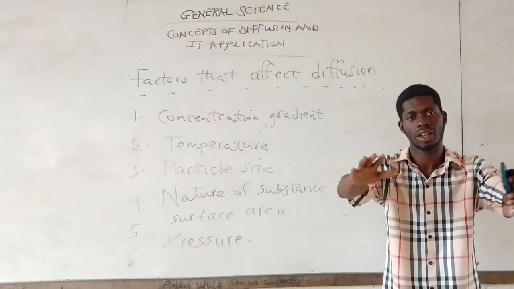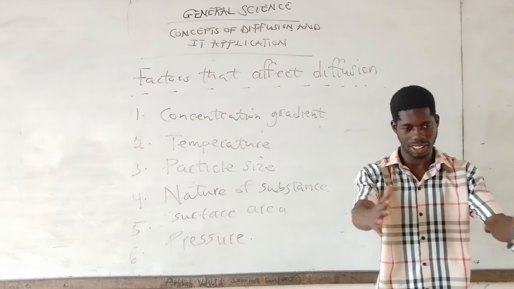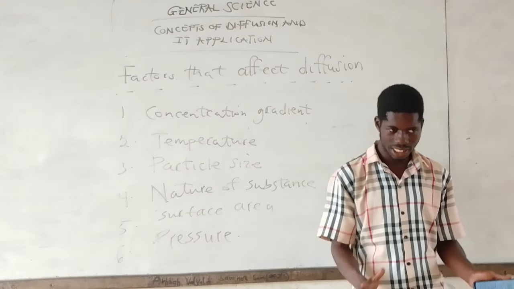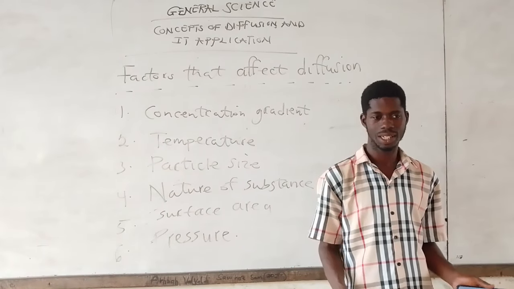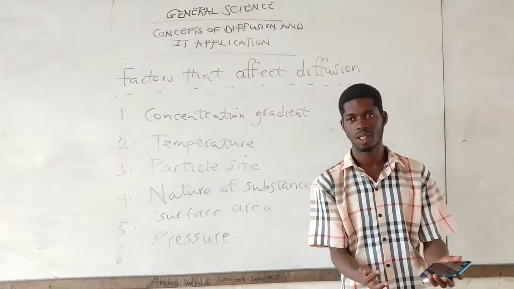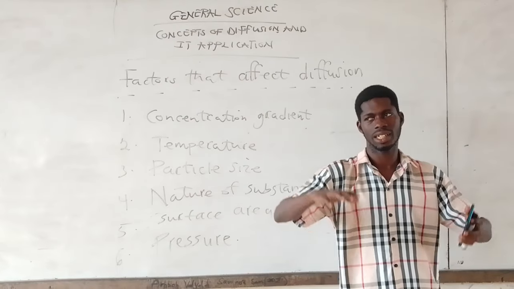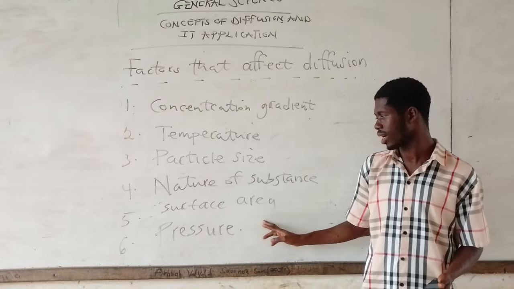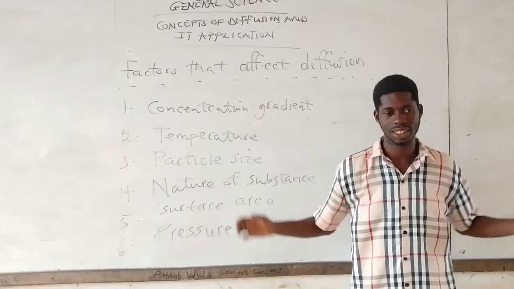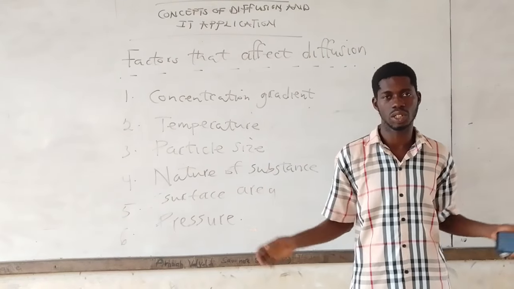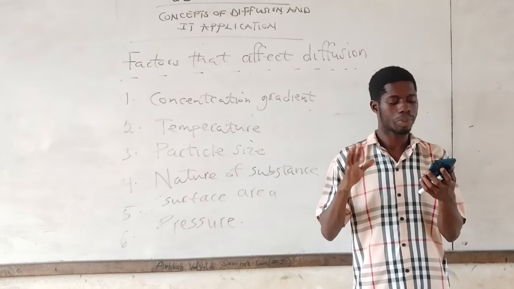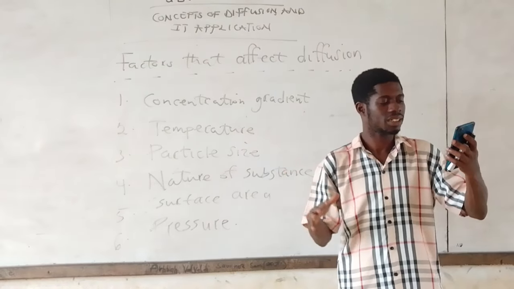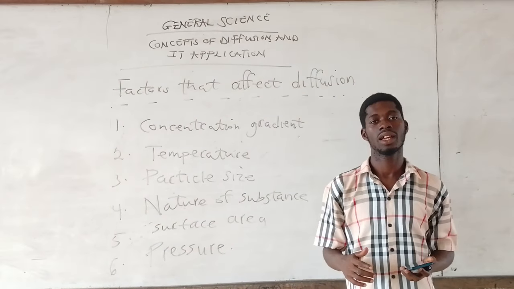That's the place where the diffusion is occurring. If we have more space, the faster the rate of diffusion will be.